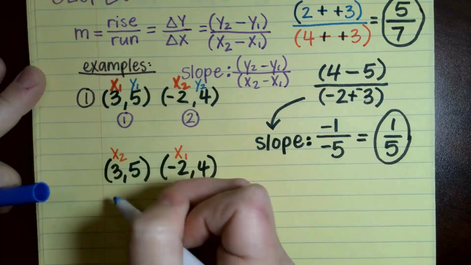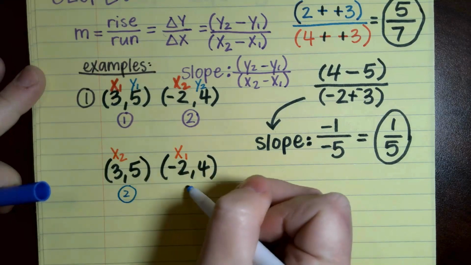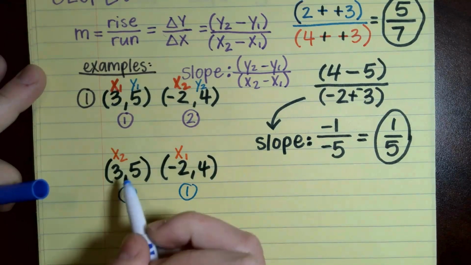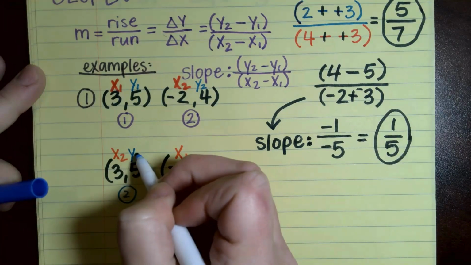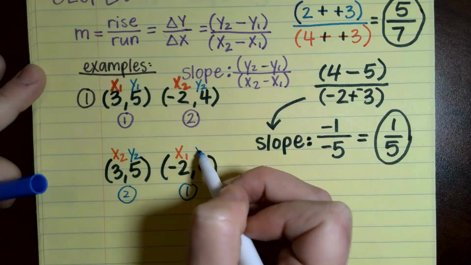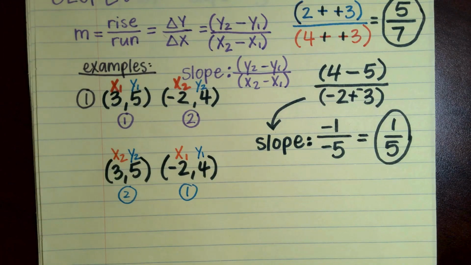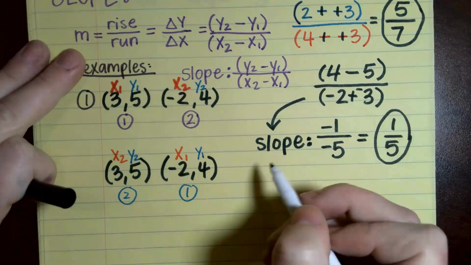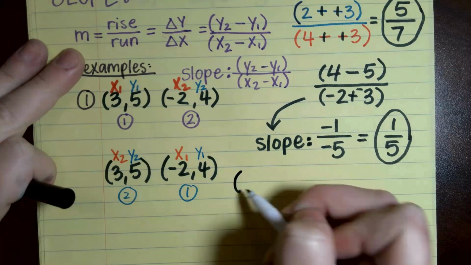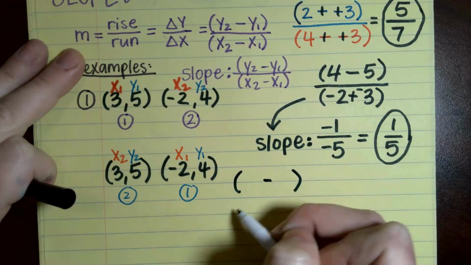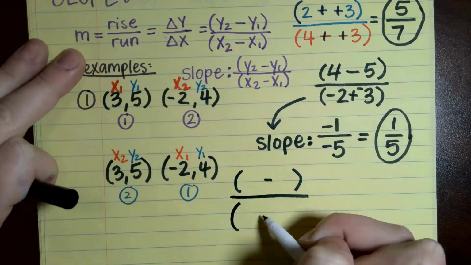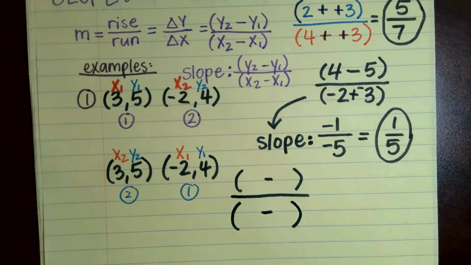I'll also label that this is 1 and 2. We flip-flopped it. We'll make y2 5 and y1 4. So now let's just plug these values in to our little subtraction problem.